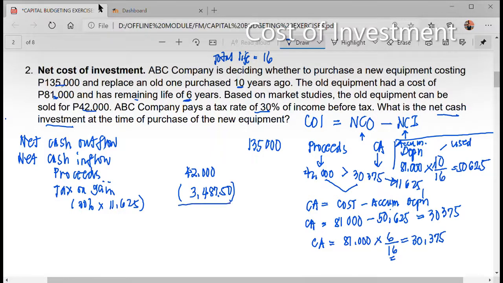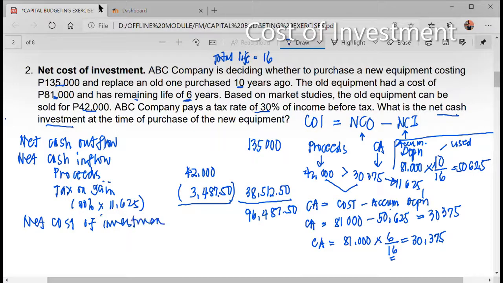So you have the difference, 38,512.50. Since there are no avoidable repairs, to get the net cash inflow, you get the difference. You have 96,487.50. This is our net cash investment or net cost of investment.